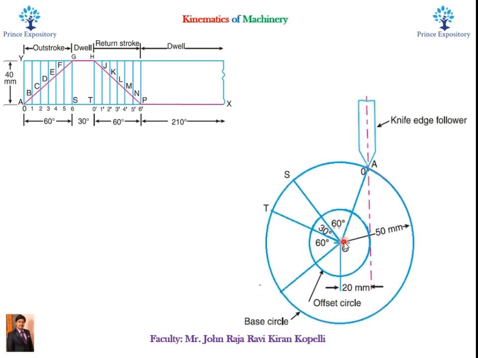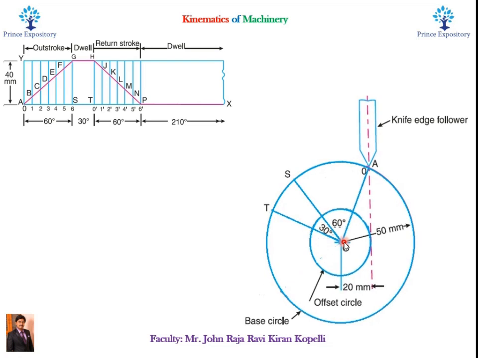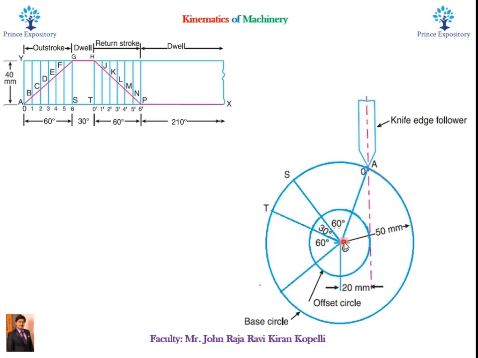So that means 60 degrees outstroke, 30 degrees dwell, 60 degrees return stroke, and the remaining angle is 210 degrees. So this finishes the complete 360 degrees. So this is how we have to divide outstroke, dwell, return stroke, and last one dwell in this way.